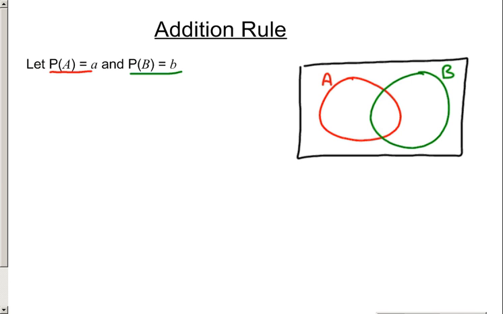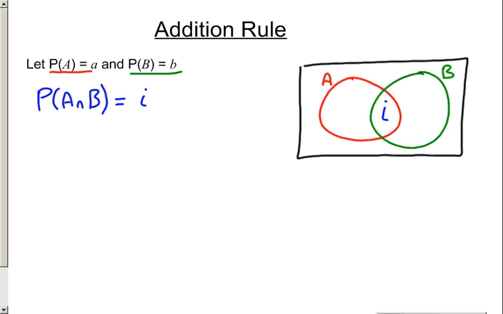In this case, we don't know what the middle is, the probability of A intersect B. Well, let's call it I for intersection. So that means in here, we have I.